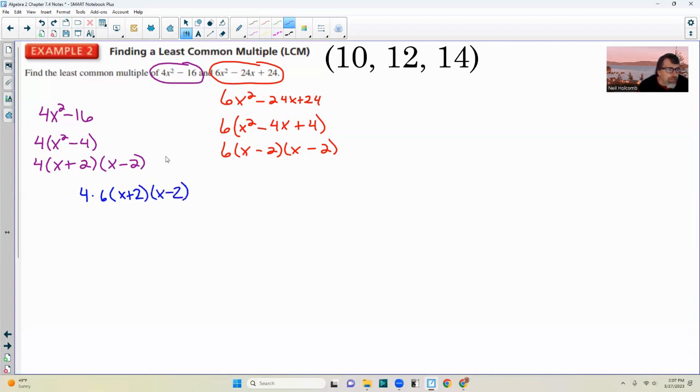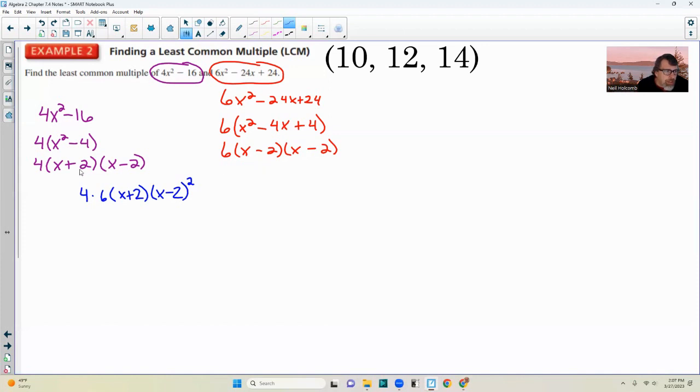Okay, I've listed everything you see here, a 4, a 6, an x plus 2, an x minus 2, and x minus 2s are over here twice. Okay, so I need an x minus 2 squared. So you have to account for how many each one has, at minimum.